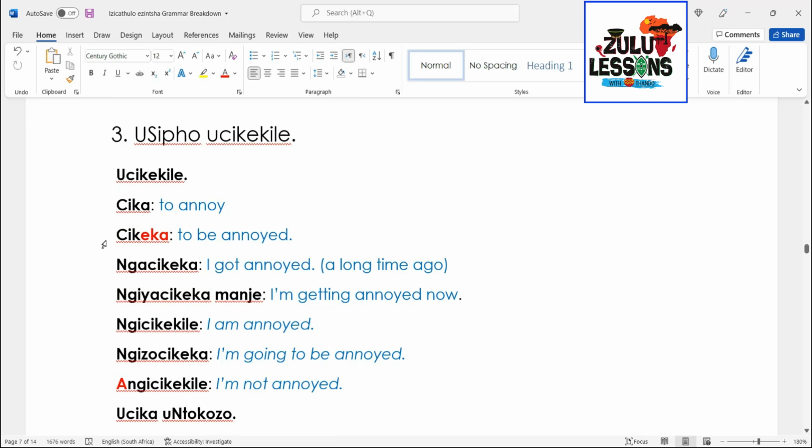So if you remember the derivatives of verbs that we have looked at before, the different verb endings, we have done that here. This verb ending is eka. That eka is really saying the ability for something to be done, so capability.